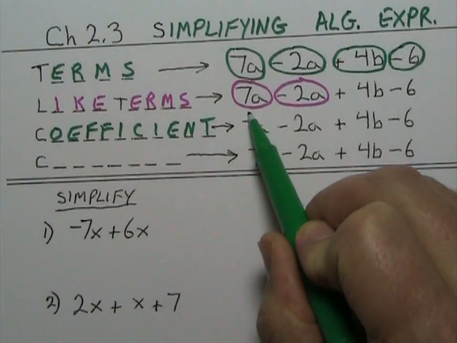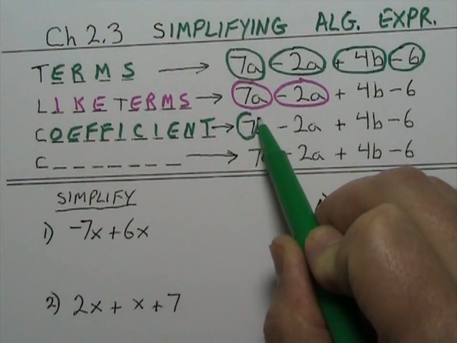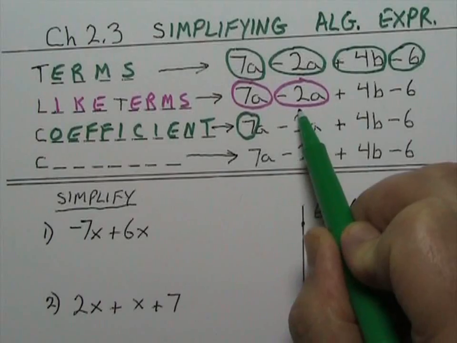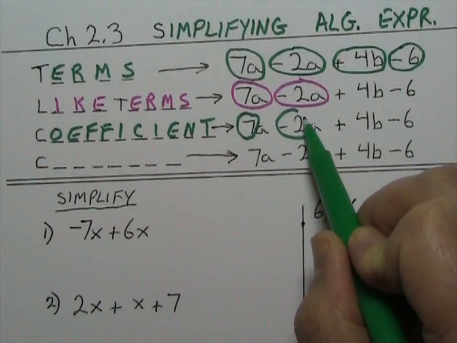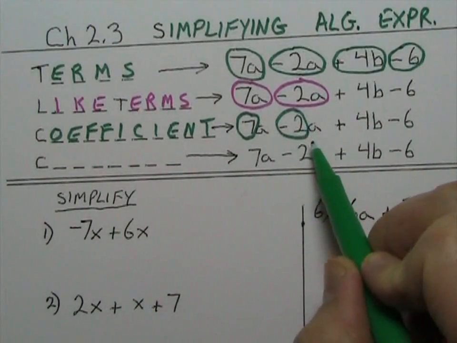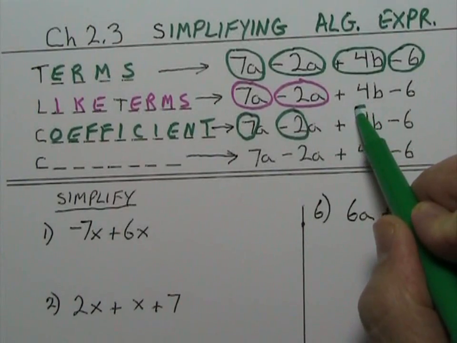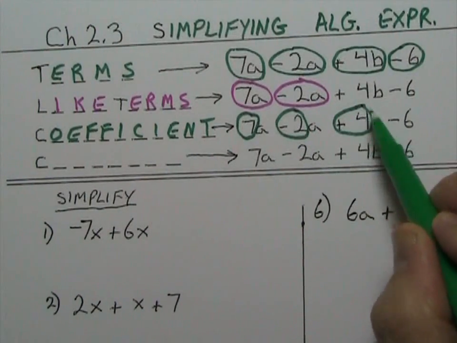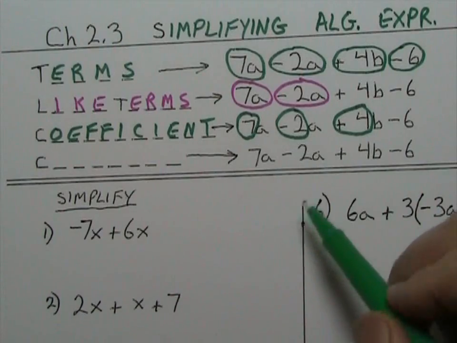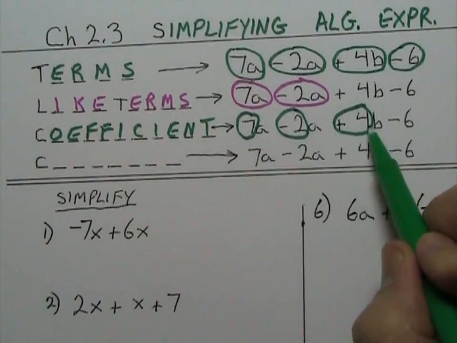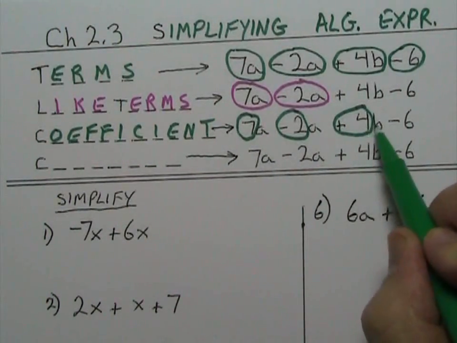So for example, 7 is a coefficient. Over here, negative 2. That's a coefficient. Also, this 4, or I'll say positive 4, that is a coefficient. It's the number in front of a variable. It's a number that's multiplied by the variable.